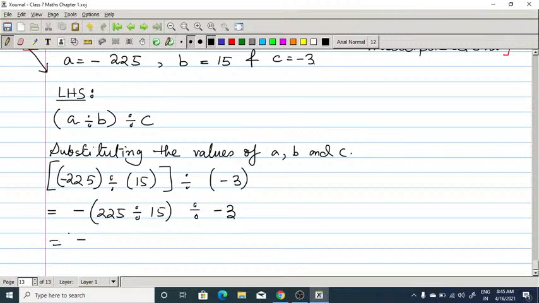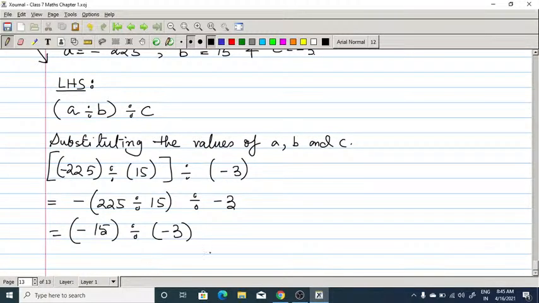Here both are negative, so the answer will be positive. And 15 divided by 3 is 5. So the LHS is 5.